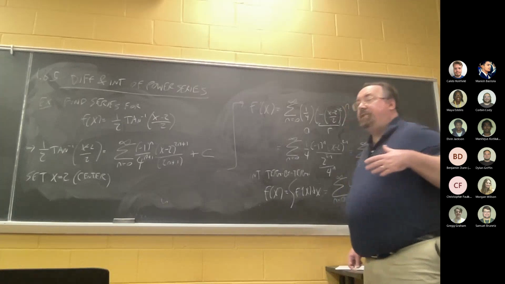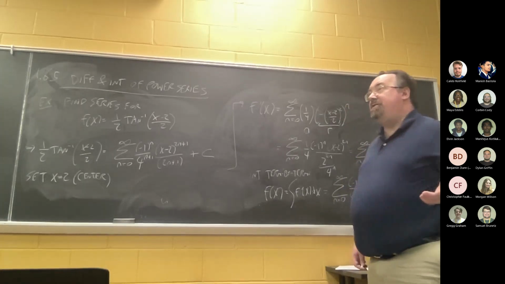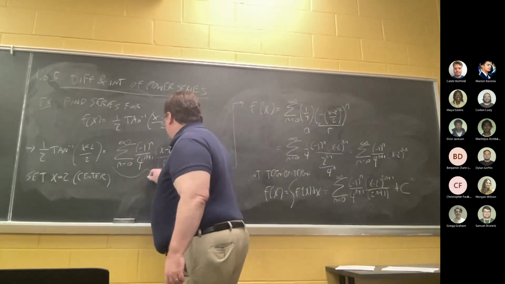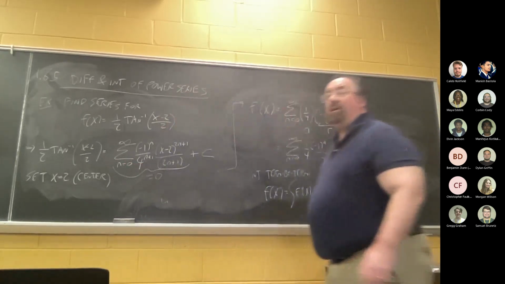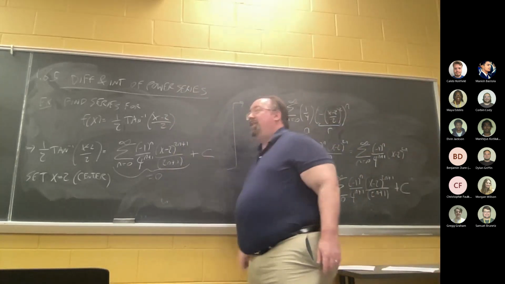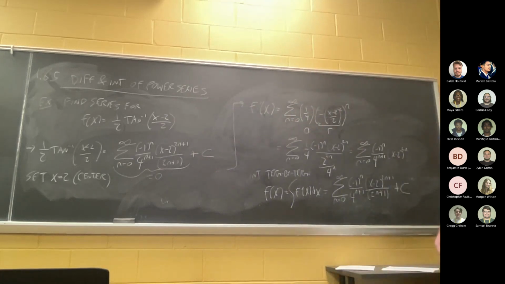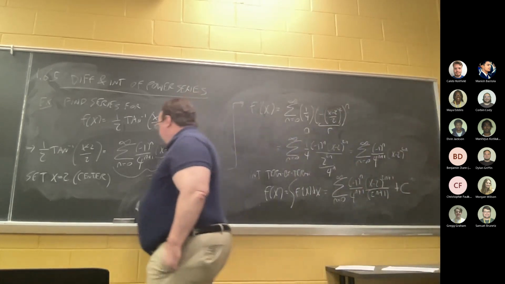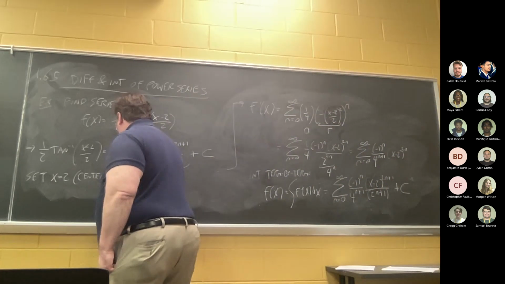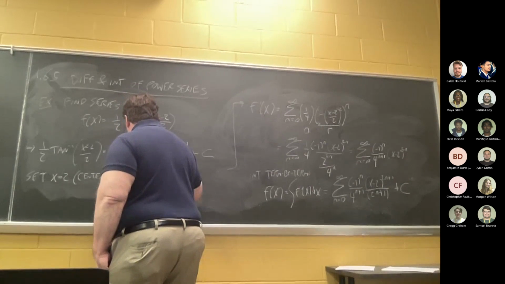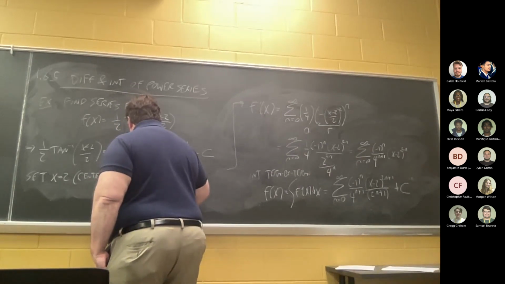And the reason why you do that, when you've just done term by term integration of a power series, when you plug in the center, the entire series will be 0 because you have only strictly positive powers of x minus the center. So then you're just left with C on the right hand side. So C will turn out to be your function that you started with, evaluated at the center.